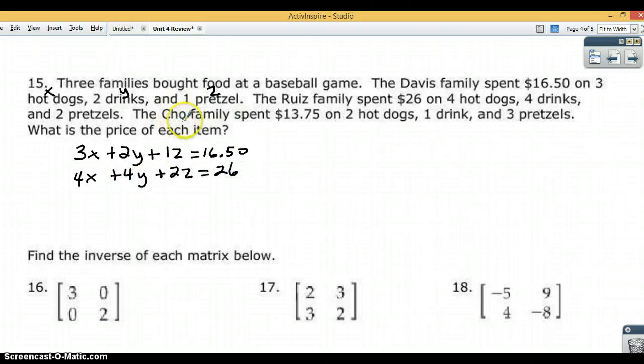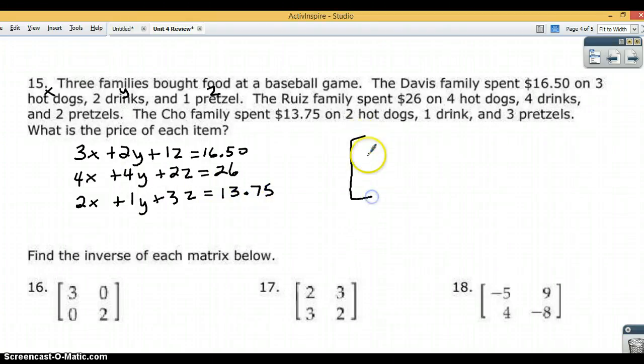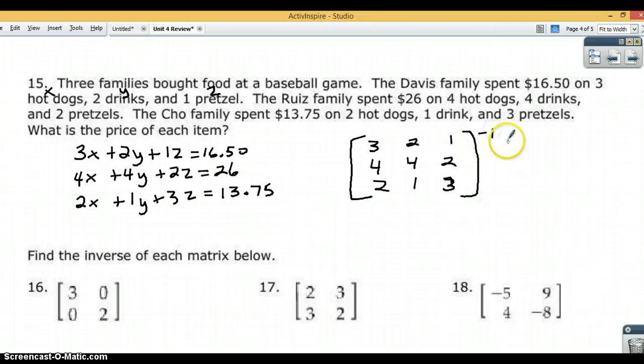And then the Chow family spent $13.75 on 2 hot dogs, 1 drink, 3 pretzels, and that's $13.75. So we set up our matrices: 3, 2, 1, 4, 4, 2, 2, 1, 3. We want the inverse of that, and it's 16.5, 26, and 13.75.